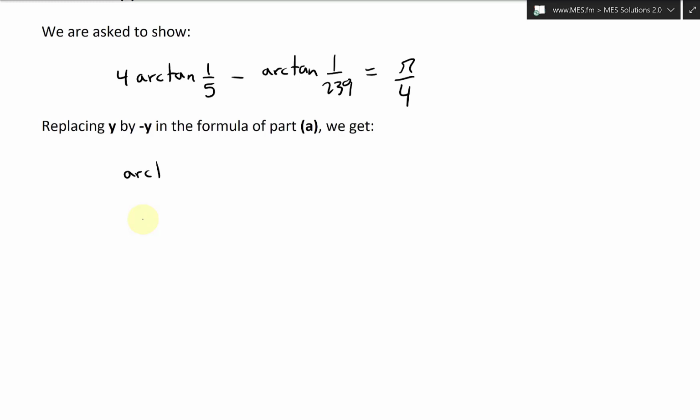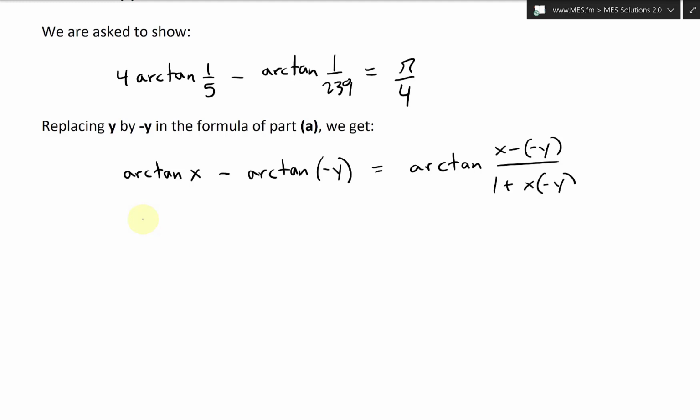So arctan of x minus arctan of negative y equals arctan of, from the formula, x minus negative y, and then divided by 1 plus x times y, but it's negative y now.